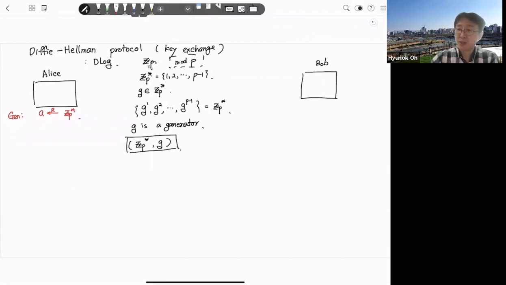So a is the private key, and the public key is, let's say, large A, that is G to the a mod P. So the private key is a, and the public key is large A, which is G to the a.